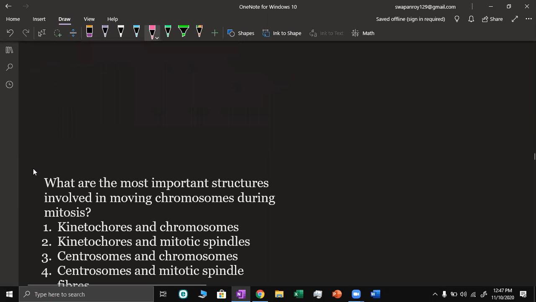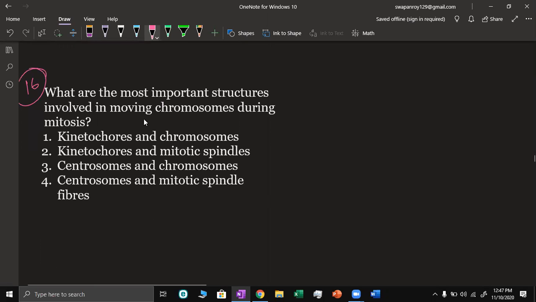Now question number 16. What are the most important structures involved in moving chromosomes during mitosis? Kinetochores and the mitotic spindle.